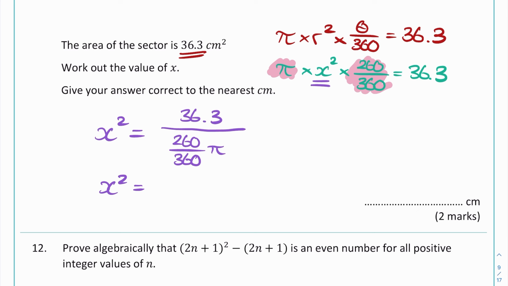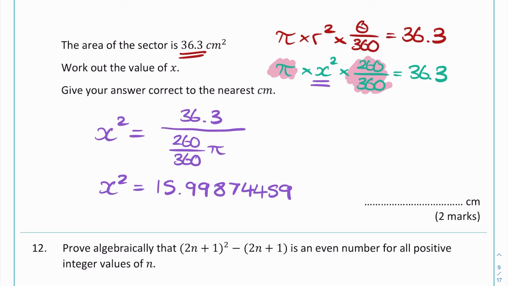But 36.3 on the top, and on the bottom I've got a second fraction, so 260 over 360, and then press shift to get my pi, press equals, and I have 15.99874459.